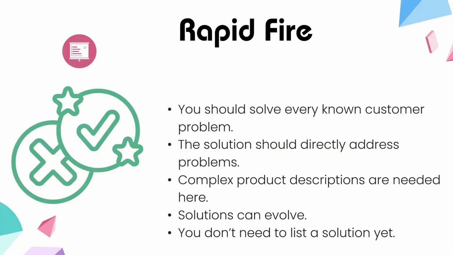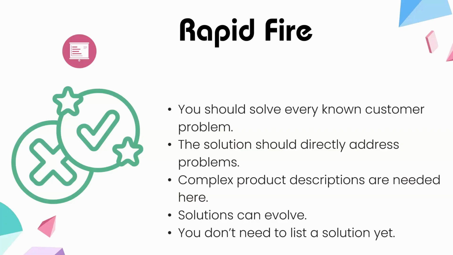Complex product descriptions are needed here. True or false? False. It has to be simple, very straightforward: this is going to be my solution for this particular problem. Solutions can evolve. True or false? True.